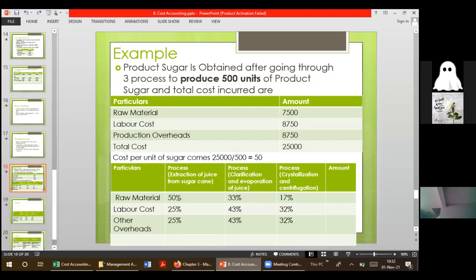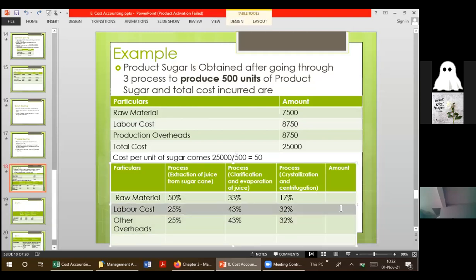So then we have by process. Labor cost is 25% for the first process.